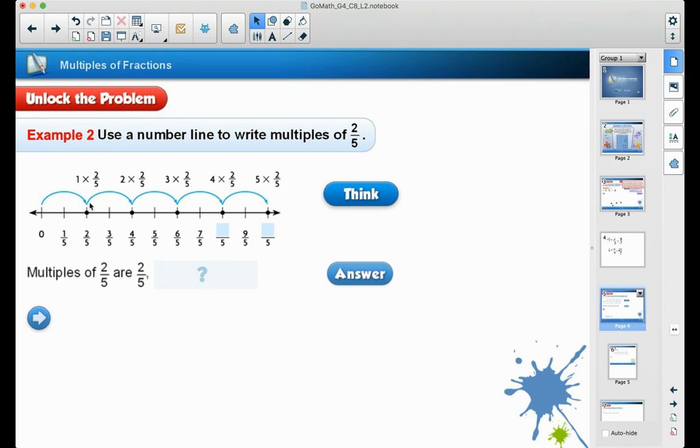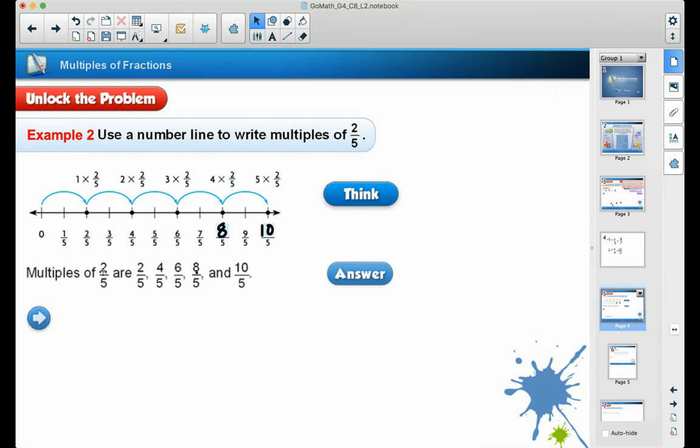So 1 times 2/5, 2 times 2/5, 3 times 2/5, 4 times 2/5, which is 8/5. And then one more, 5 times 2/5 is 10/5. So the multiples of 2/5 are 2/5, 4/5, 6/5, 8/5, and 10/5.